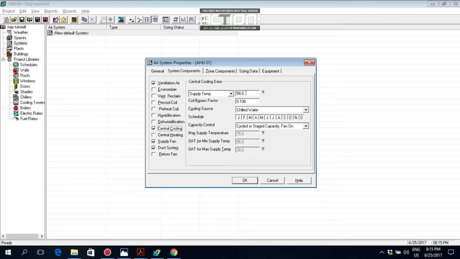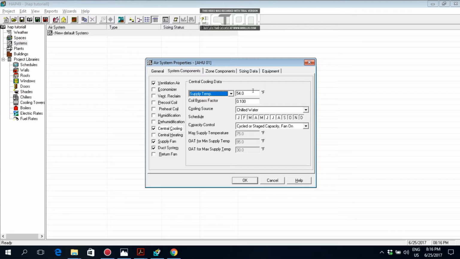Central cooling, you have to make sure it should be 54 Fahrenheit, because the standard design for central cooling supply temperature, which is mentioned here as supply temperature, must be 50 to 54. Again, it completely depends on the type of building, type of load and type of area.